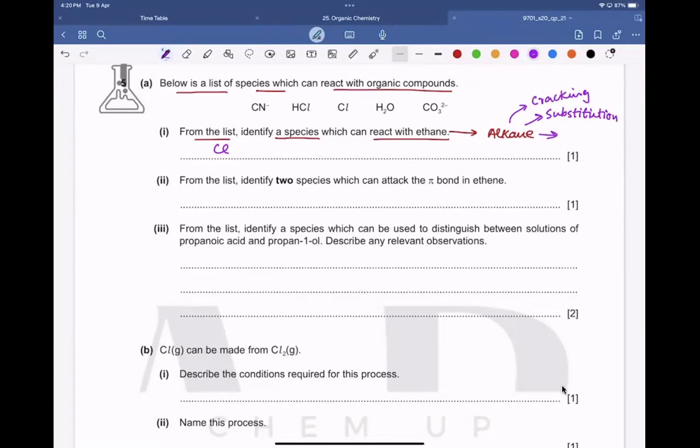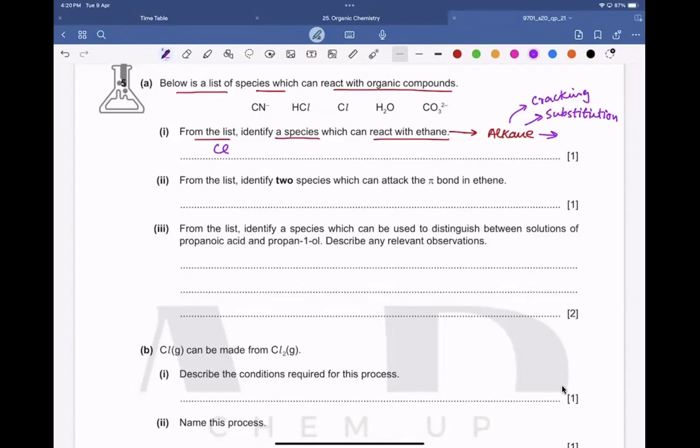Okay. From the list, identify two species which can attack the pi bond in ethene. Okay, very good. So recall the pi bond in ethene, a double bond. Yes, Banin, very good. If you recall the reactions of alkene, yes, Hassan, very good.